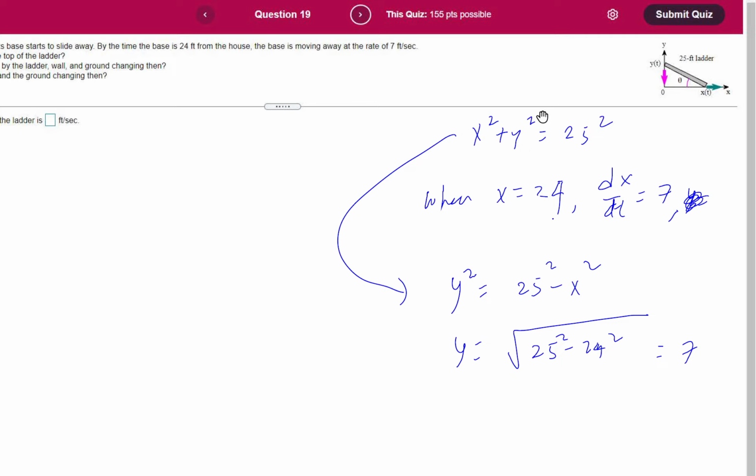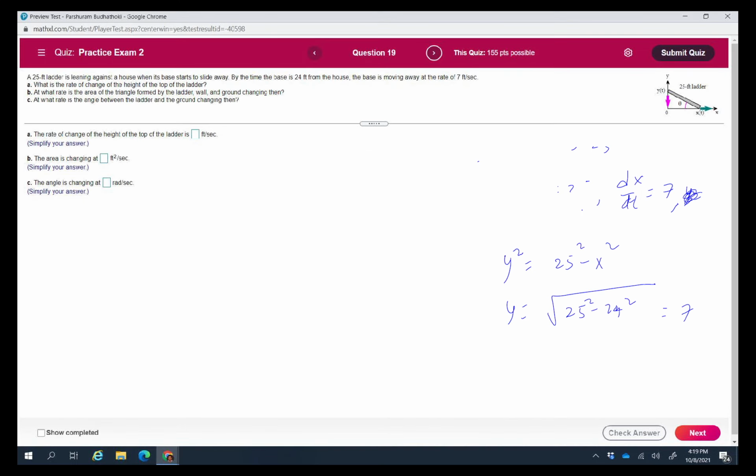So when the value of x is 24 and the rate of change of the position of the ladder is 7, then the value of y, which is the height of this ladder, is 7. And so these are the things we have to know.